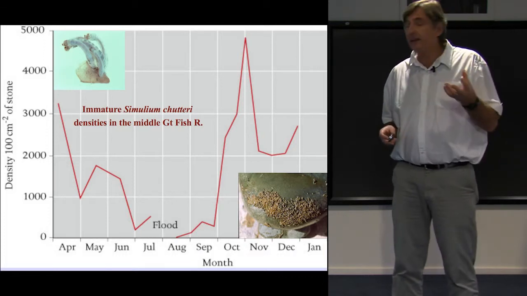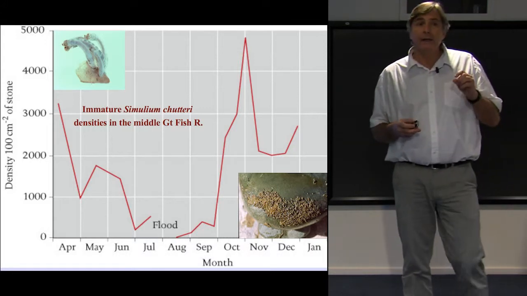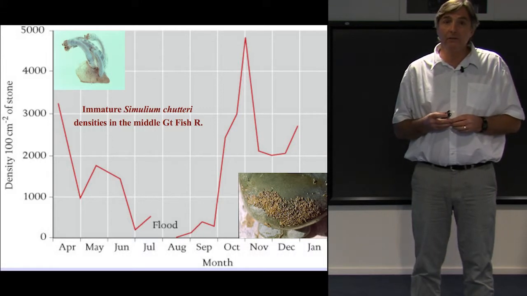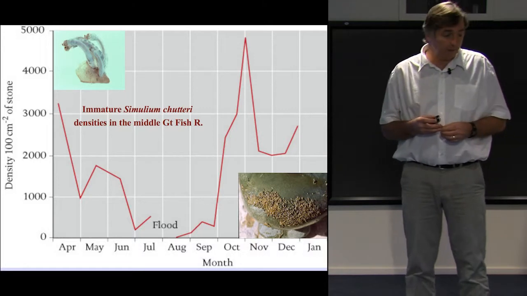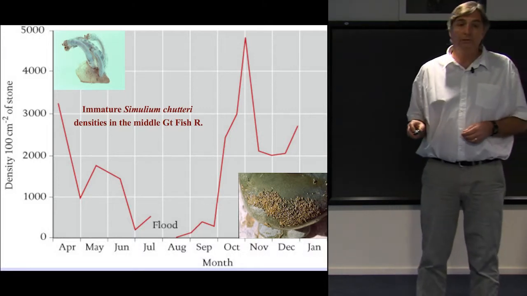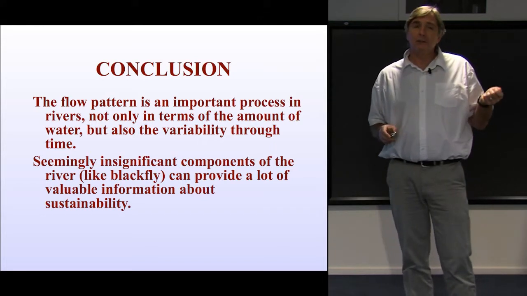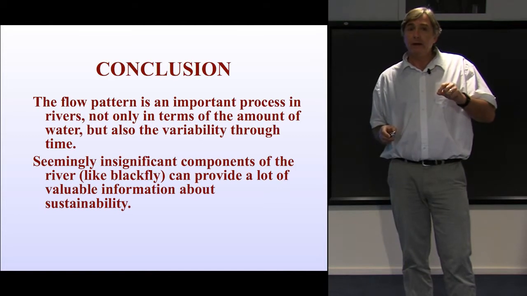And also, since a number of the areas in the Middle Fish River are now high-cost eco-tourist destinations, because there are major conservation areas there, these are providing quite a lot of nuisance and interruption for the tourists.